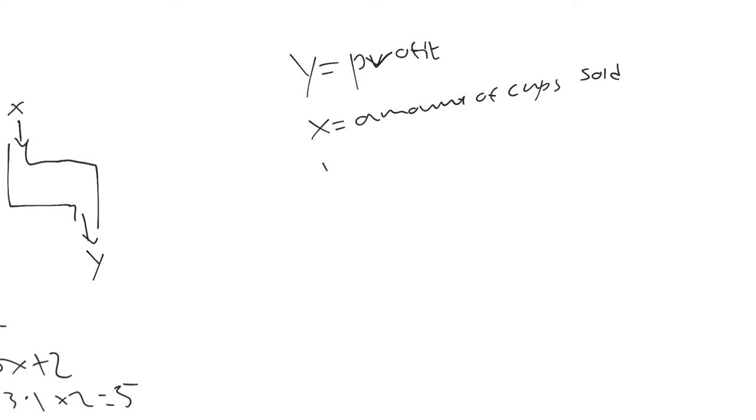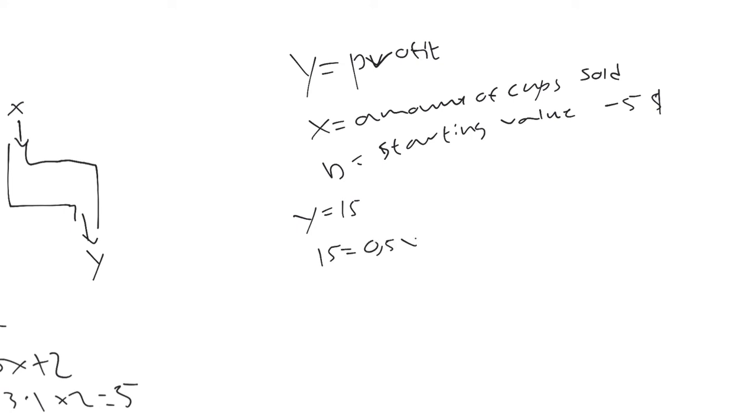So, and of course, b was the starting value, which, as you know, was minus $5. So we're going to set up a function for which y equals 15. So we're going to get 15 equals 0.5x minus 5.